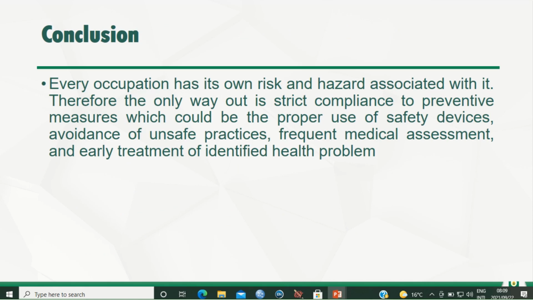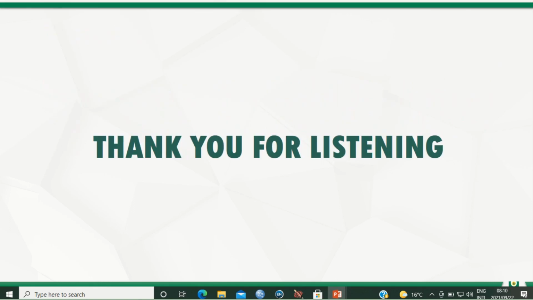For that reason, the only way out is strict compliance with preventive measures, which could be the proper use of safety devices, avoidance of unsafe practices, frequent medical assessment, and early treatment of identified health problems. With this, we've come to the conclusion of Module 2, Part 1, and thank you for listening.